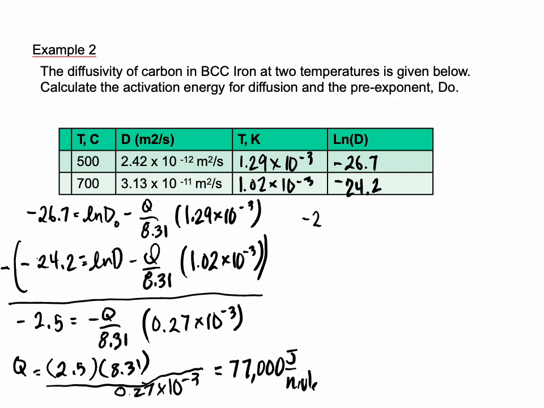So with that being Q, I'm going to just substitute into one of these equations. I can say negative 26.7 is the natural log of D naught minus 77,000 over 8.31 times T, that's 773. So natural log of D naught is going to be equal to negative 26.7 plus that 77,000 divided by 8.31 divided by 773.